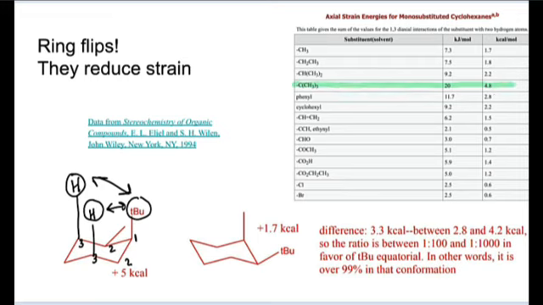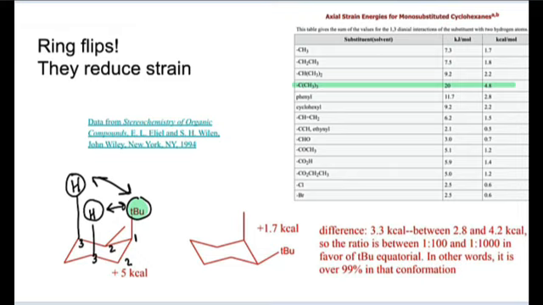So let's find the tert-butyl group on this table, and we see that in kilocalories, it's 4.8 kilocalories per mole to have that tert-butyl in an axial position. So that's about 5 kilocalories.